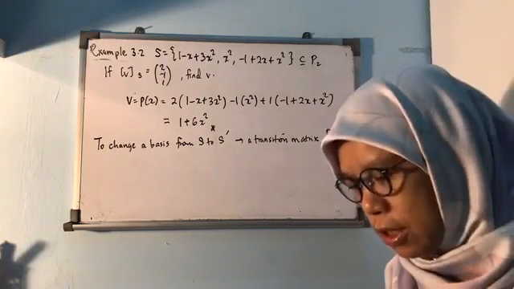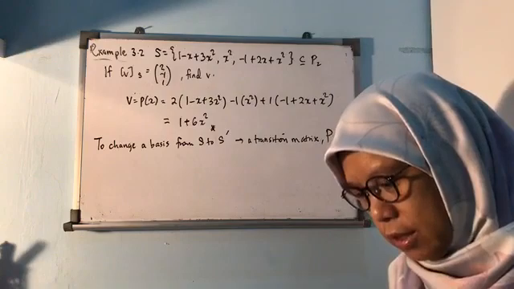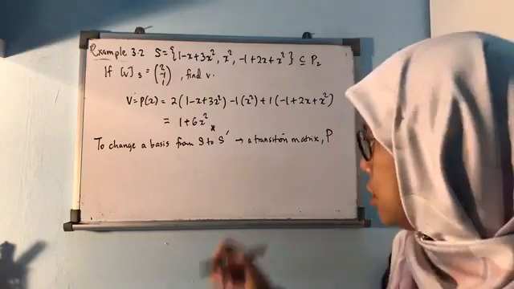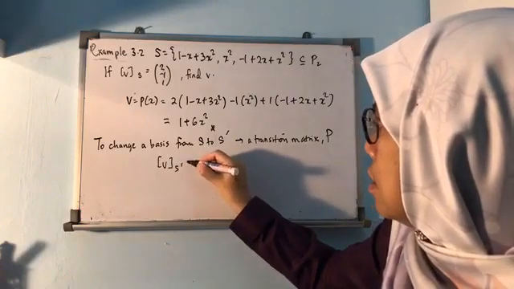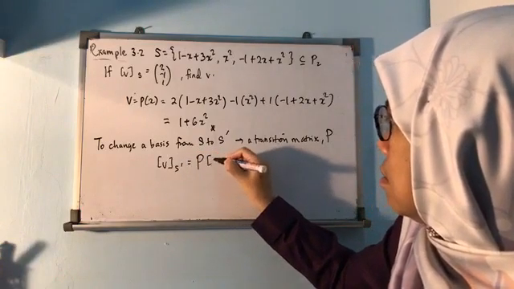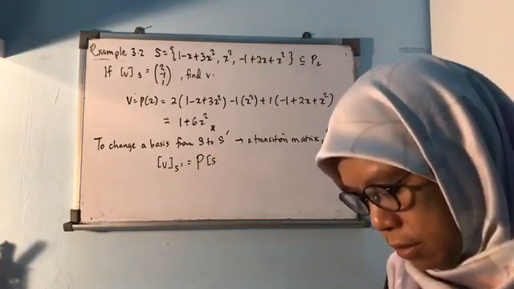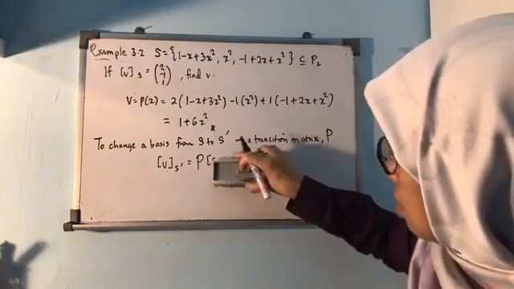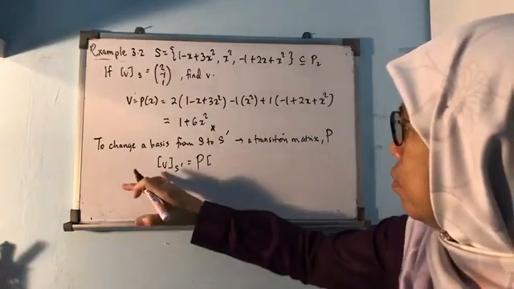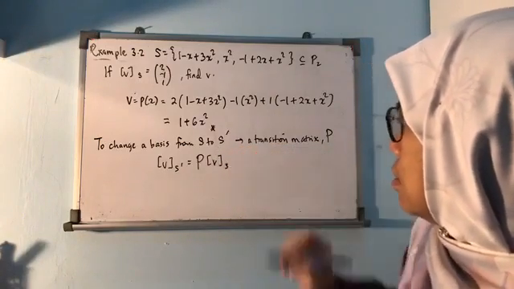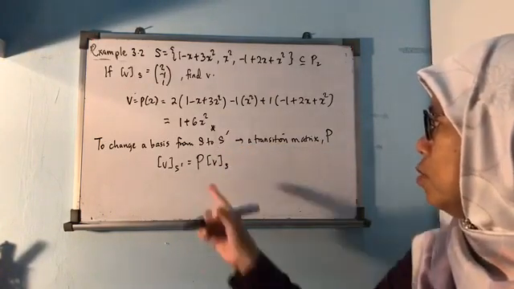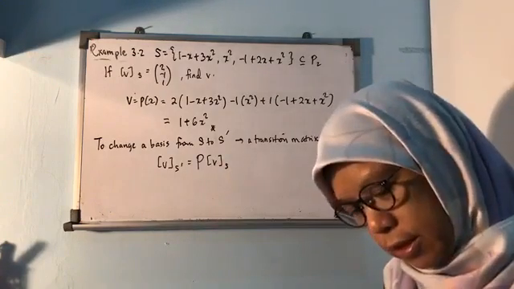Okay, the next section is about transition matrix, in which you can change from one coordinate vector to another one. Okay, so we want to find this transition matrix.